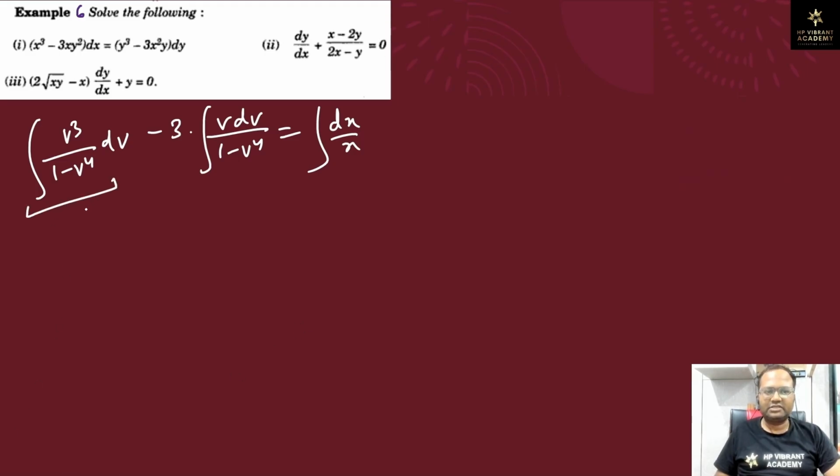Let us take this as I1 and this as I2. So I1 is equal to integration of v cube upon (1 minus v to the power 4) dv.